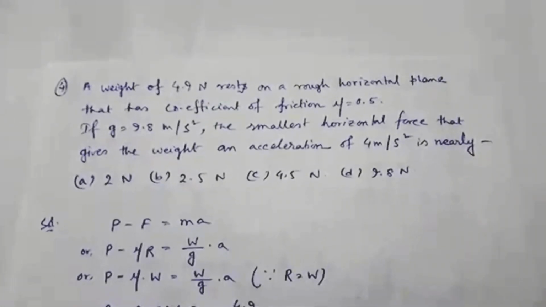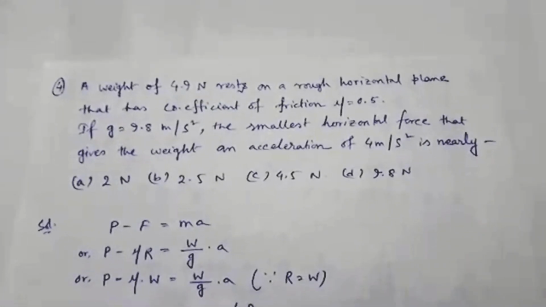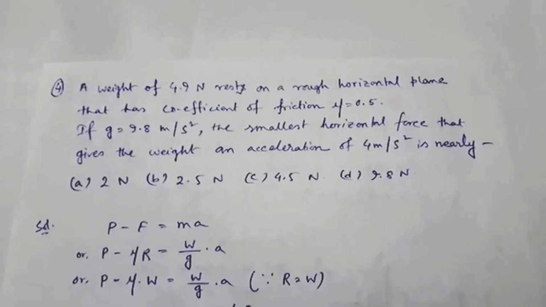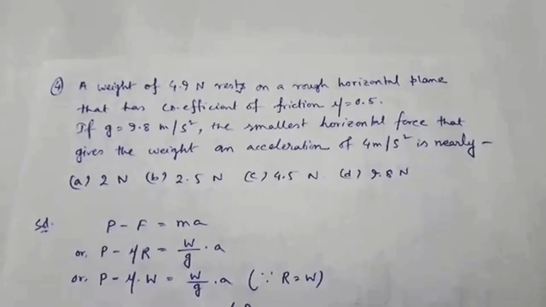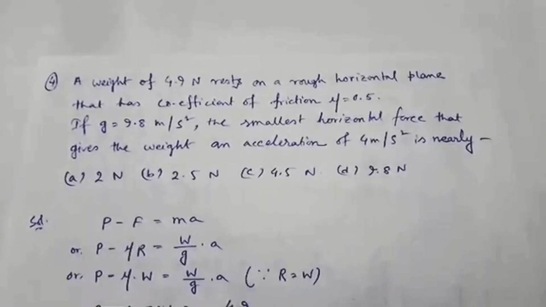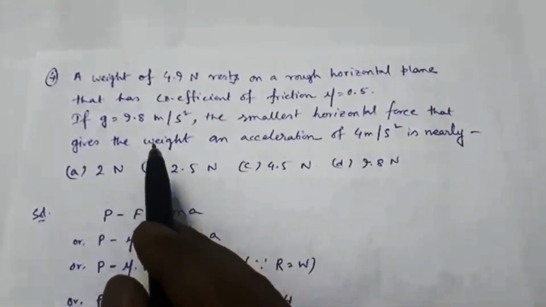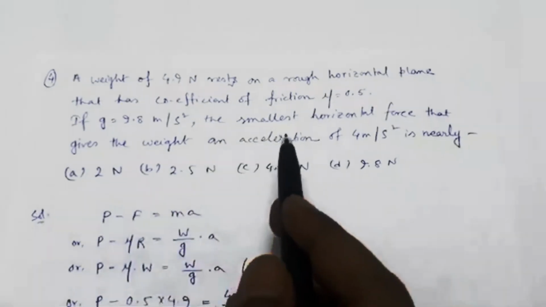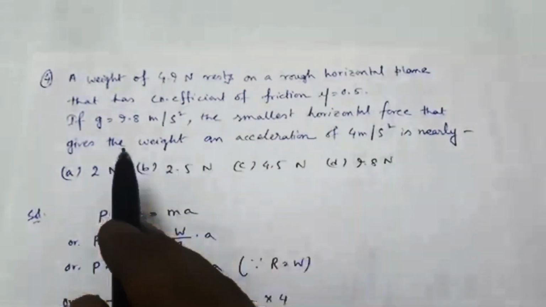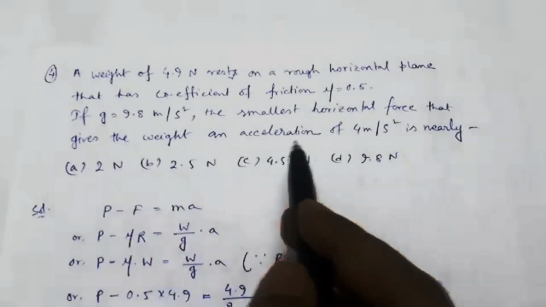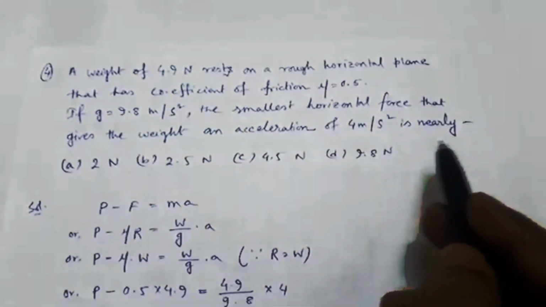This is the fourth problem. A weight of 4.9 Newton rests on a rough horizontal plane that has coefficient of friction mu equal to 0.5. If g equal to 9.8 meter per second square, the smallest horizontal force that gives the weight an acceleration of 4 meter per second square is nearly.